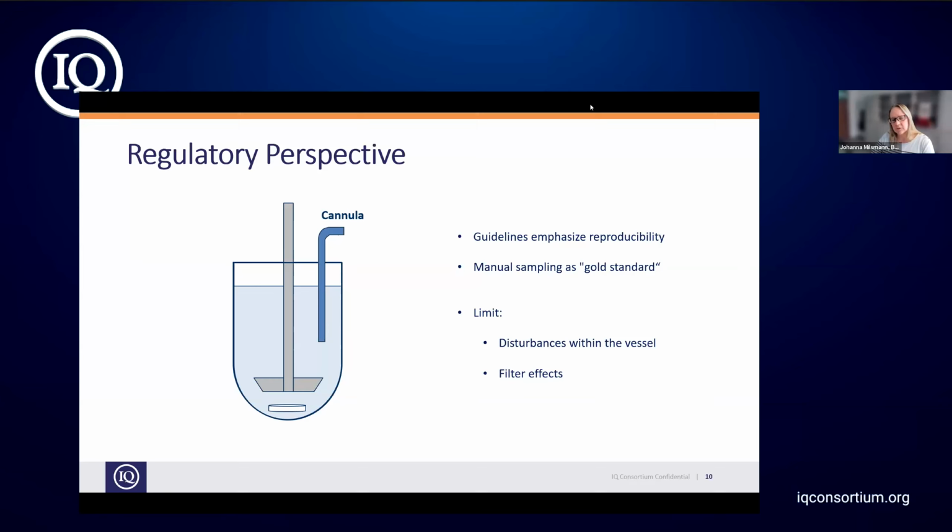Then a sample is drawn, which then needs to be filtrated or centrifuged right away to avoid later on dissolution of previously undissolved larger particles. And with that comes also the responsibility to think about if filtration has any kind of effects on your dissolution setup. But that's basically it for manual dissolution. Next slide, please.